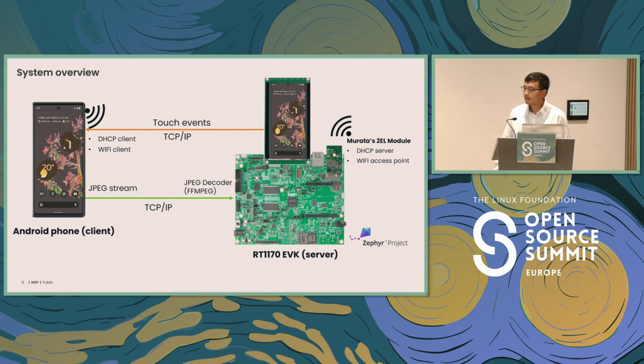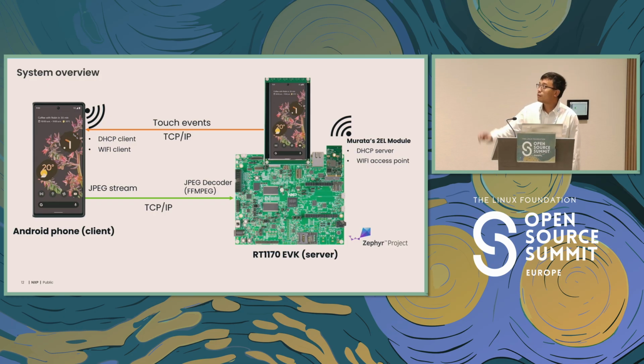And the board will act as an access point, so the Android phone can connect to it. On Zephyr, we have the DHCP server that will assign an IP address to the phone for the communication between the hotspot.